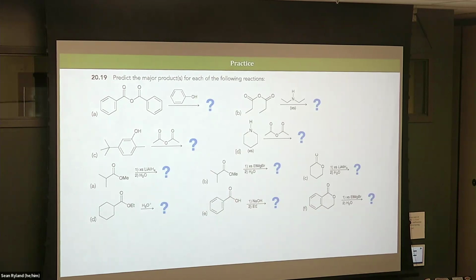And with the Grignard reagents, because it's in excess, you're going to get two of those. We're going to add the ethyl on twice, to the top one and then this bottom one, 1, 2. So we'll get... I don't even want to name this.